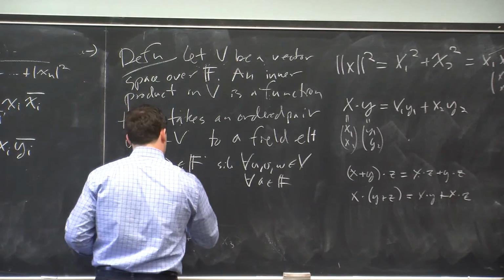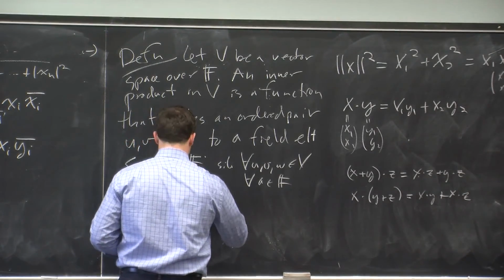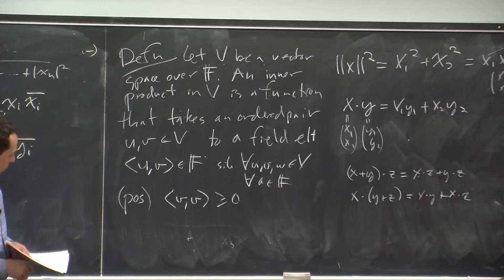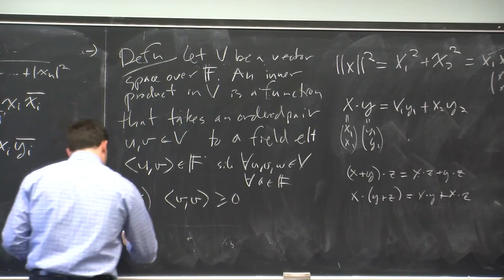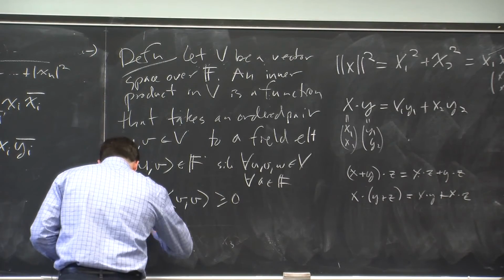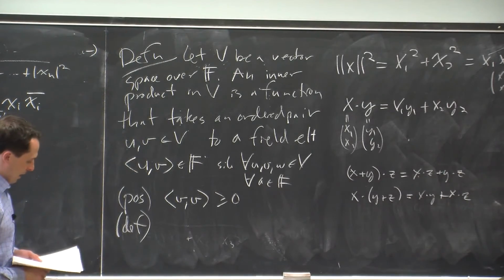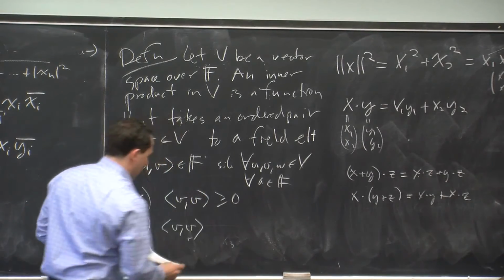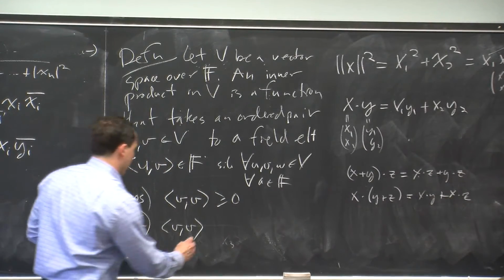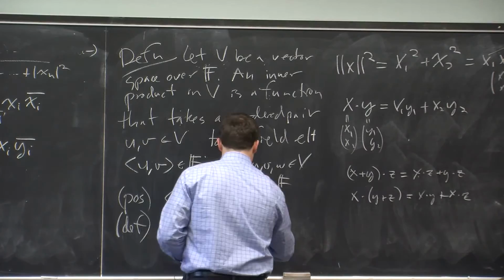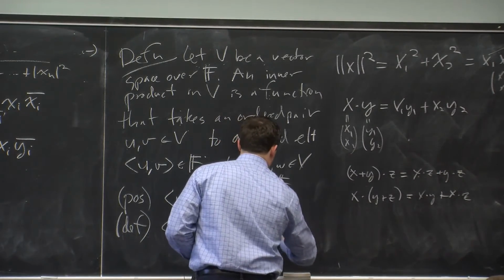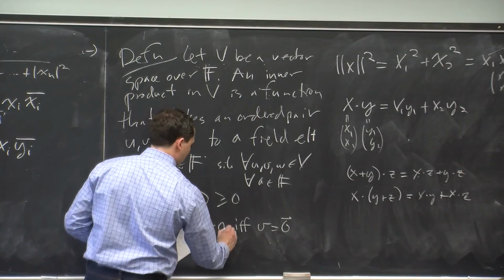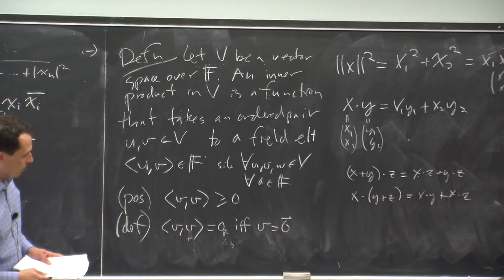That's that we'd like the inner product of any vector with itself to be non-negative, so that we can view its square root as a length. We'd like definiteness, which means that if I take the inner product of a vector with itself and I get 0, that happens if and only if the vector itself is the 0 vector. That's 0 in the field. That's always a field element.